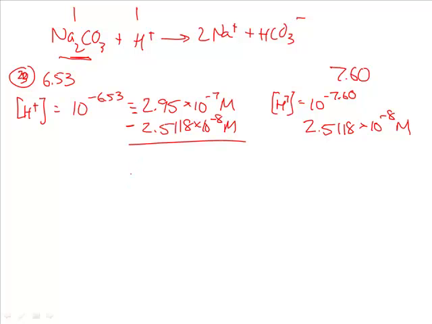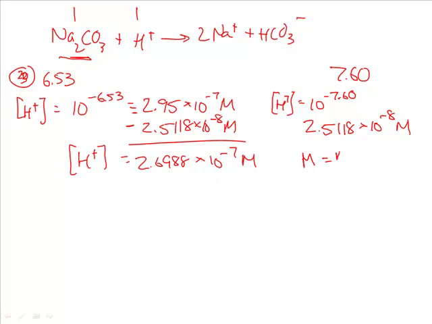And this equals 2.6988 times 10 to the negative 7th molarity. So this is the concentration still of the hydrogen ions in solution after the pH has been changed.